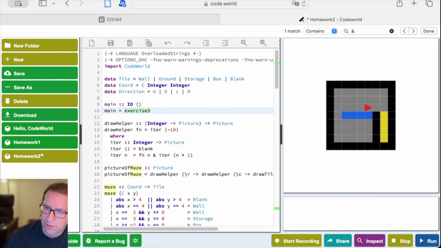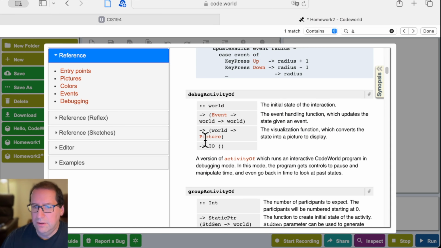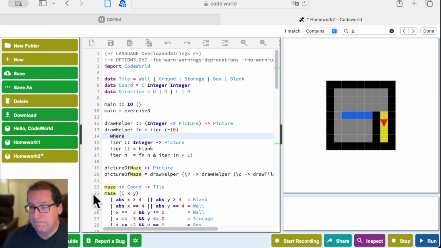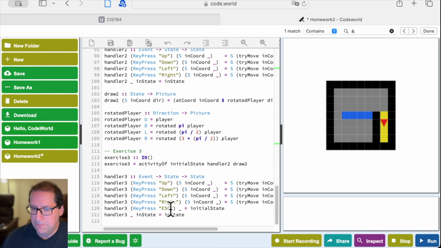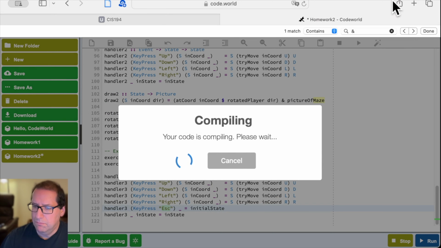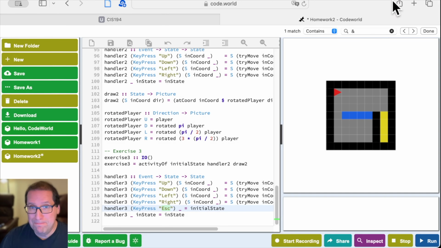Okay, so we can move around. And then if I hit escape, it doesn't work. Did I use ESC lowercase? Okay, so that's my mistake. Try that. Oh, every time you don't look at the documentation, that's what happens.